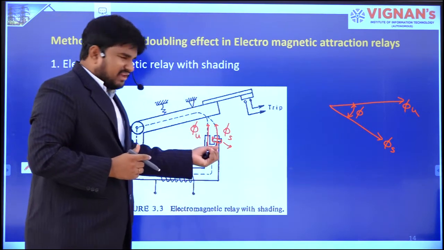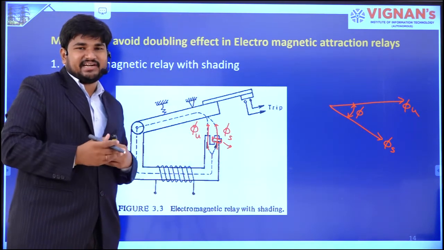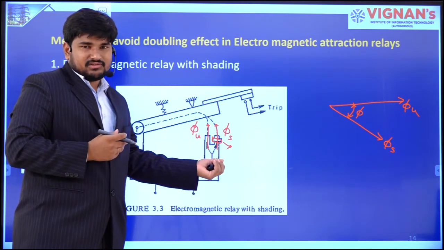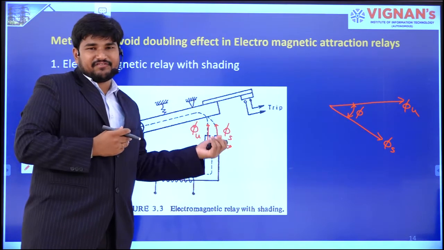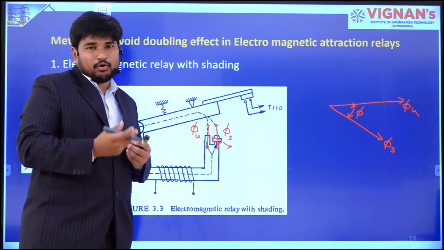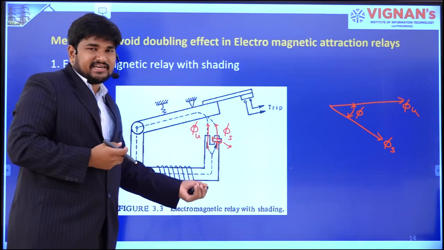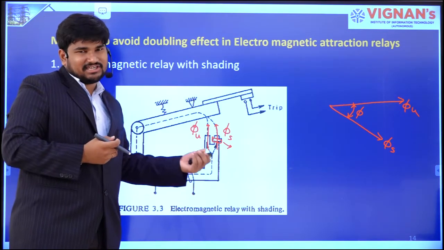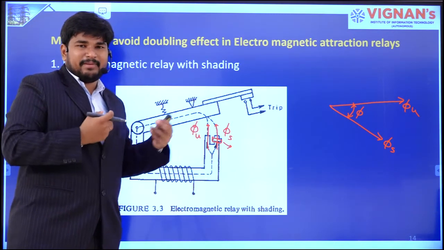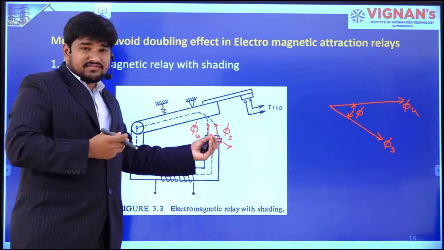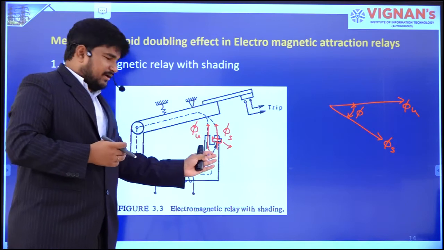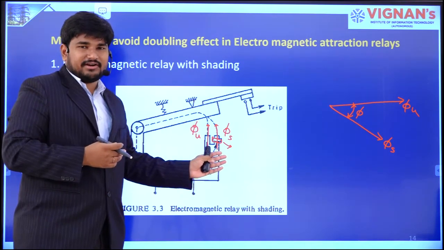Because of the shading ring, and Faraday's law of electromagnetic induction inside the shading ring, an EMF is generated in the shaded coil or shaded ring. Because of this EMF, current will be generated, and because of this current, flux will be generated. That is, the effect opposes the cause according to Lenz's law.